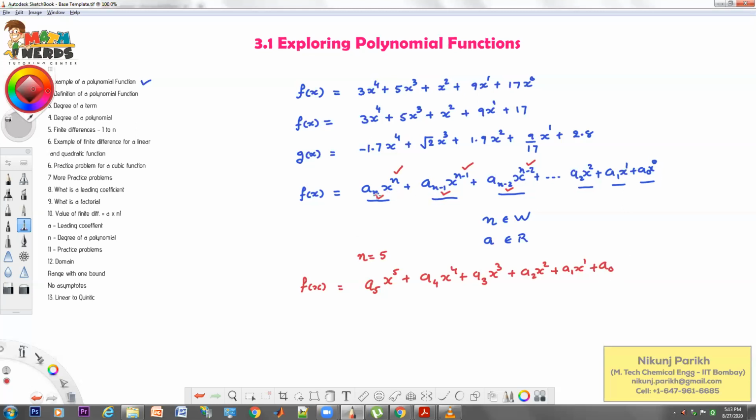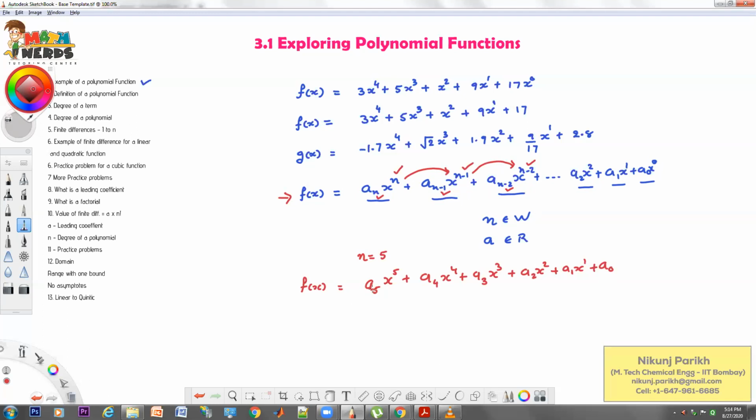So all this formula indicates is that this a_n is associated with the highest degree, and then my degree decreases by 1 each time, and my a is associated with the subsequent lower degrees.